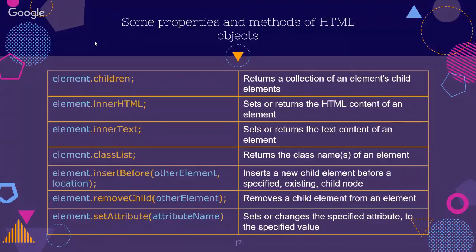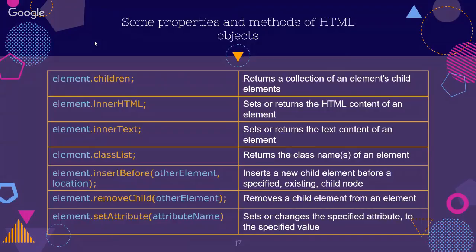The insertBefore method, this is a method this time, inserts a new child element before a specified existing child node. Here, node just means an element. Remember from last week that we said that nodes are containers for HTML elements.